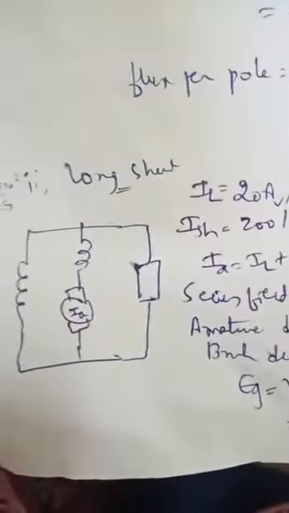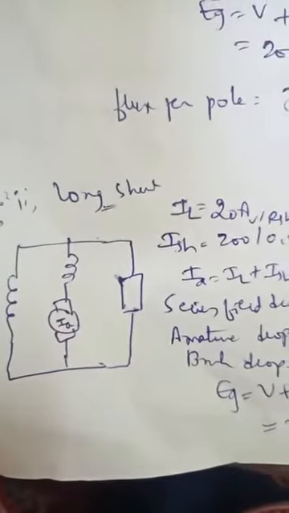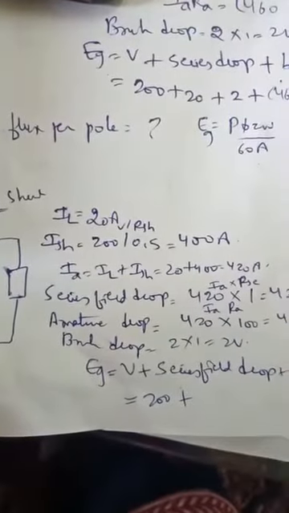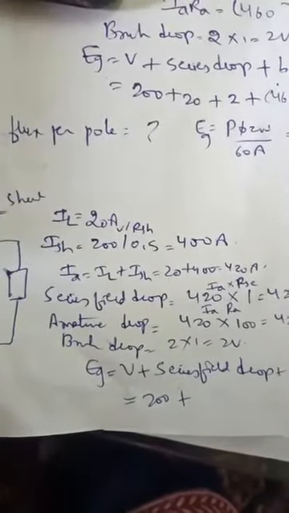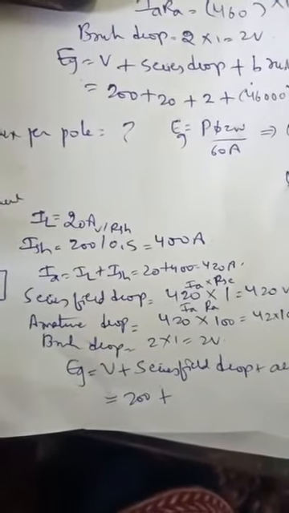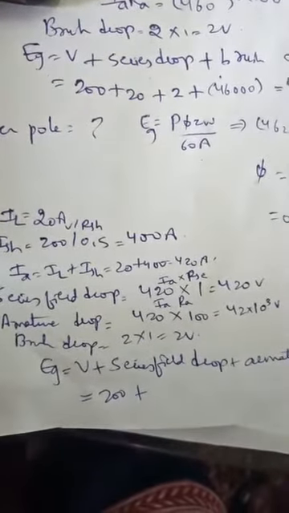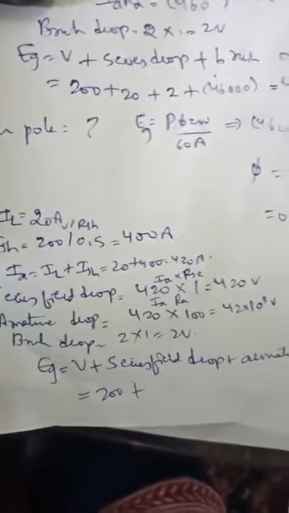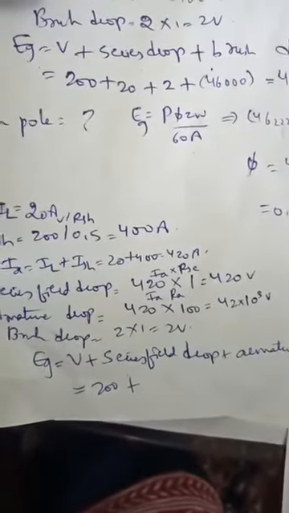So this problem is carrying 5 marks. So for long shunt, again we have to draw the long shunt diagram. IL is 20 amps, ISH is 20 by 0.5, 400 amps, IA is IL plus ISH, 420 amps. Series field drop 420 into 1, 420. Armature drop is 420 into 100, that is 42 into 10 power 3 volts. Brush drop is 2 volts. So now we have to calculate EG is V plus series field drop plus armature drop plus brush drop.